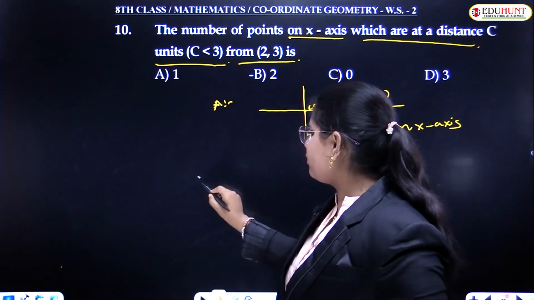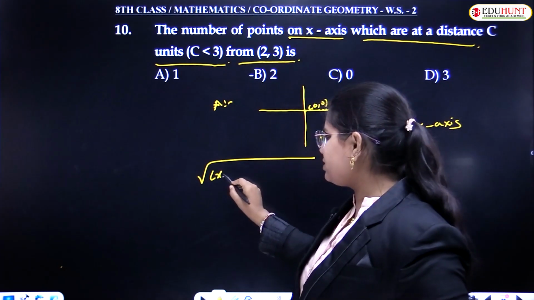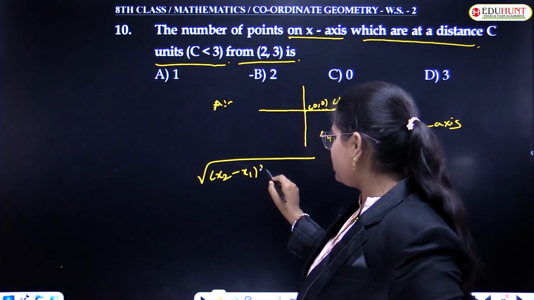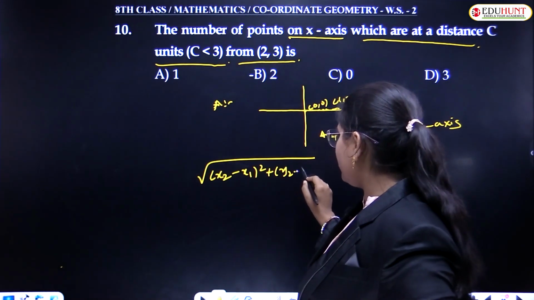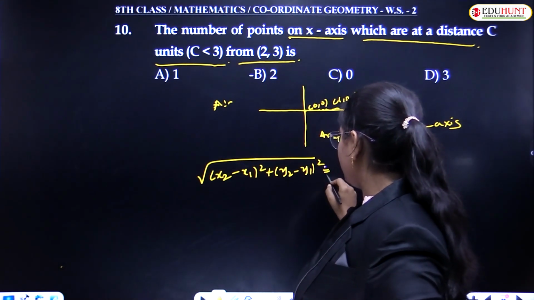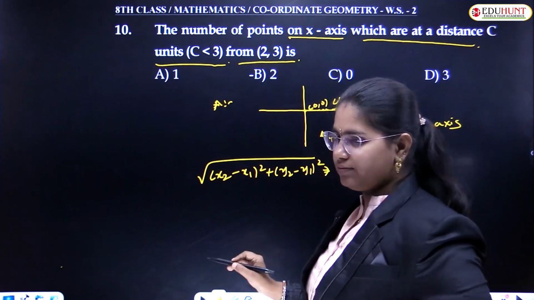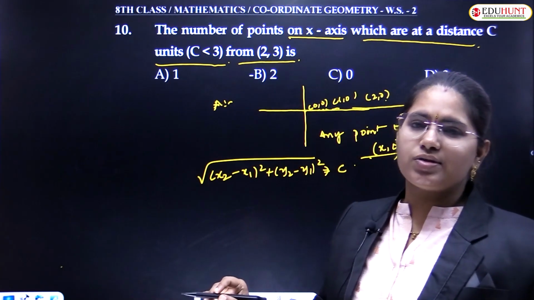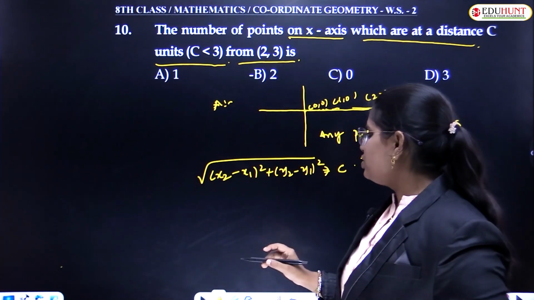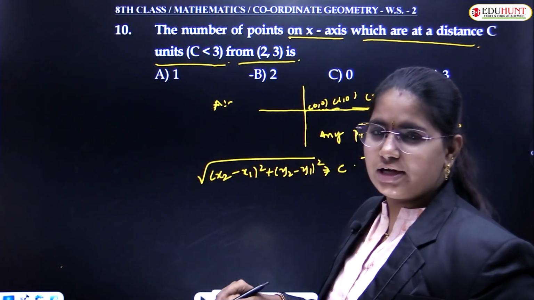So let me take the distance formula. If you have 2 points, the square root of (x2 minus x1) whole square plus (y2 minus y1) whole square is equal to c. Let's do this.